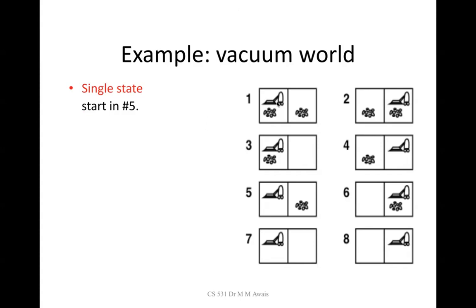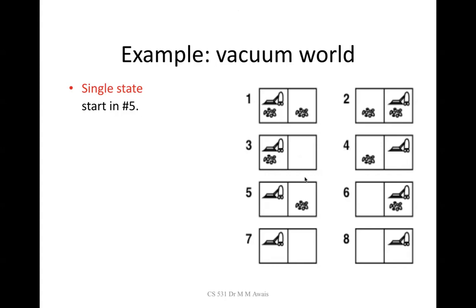State number one means that the robot is present in room A and both the rooms are dirty. State two is that the robot could be in room B and both rooms are dirty. State three is that the robot is present in room A and only room A is dirty and room B is clean.